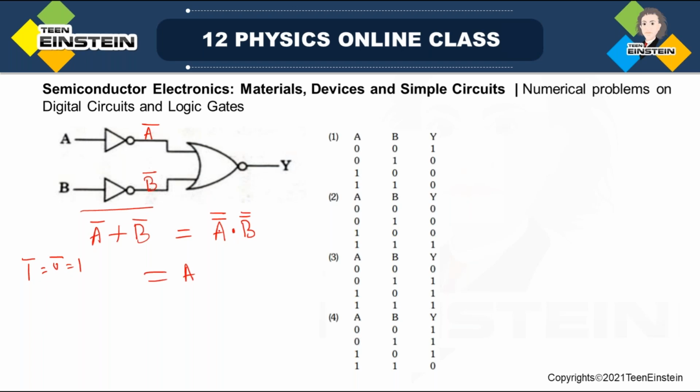So when you take NOT operation of any input twice, you get the original signal back. So ultimately you should get here Y is equal to A and B. That means it should act as an AND gate.